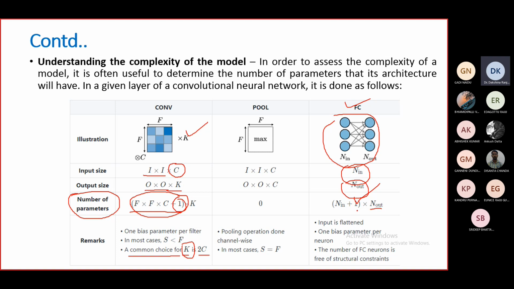So the total number of parameters becomes (n in plus 1) into n out. Okay, and the number of biases would be n out, so the number of biases will be equal to n out.